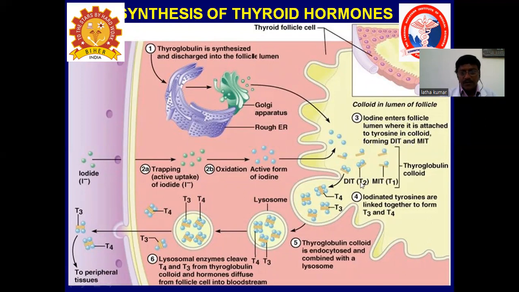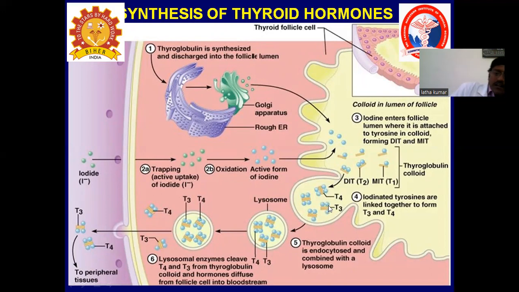You can see the picture now. DIT: di means two iodines joined with one tyrosine, and MIT is one iodine joined with one tyrosine. So 2 diiodotyrosine joined to form T4, and 1 monoiodotyrosine and 1 diiodotyrosine joined to form T3.